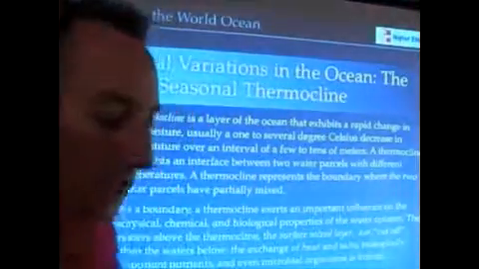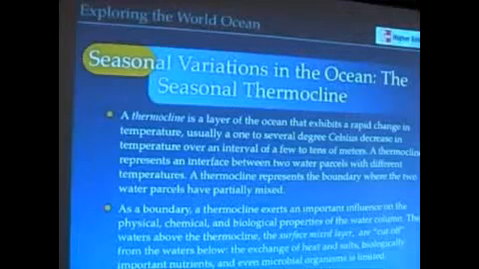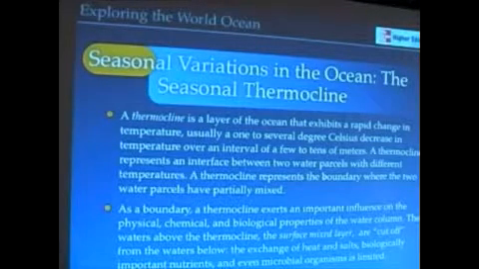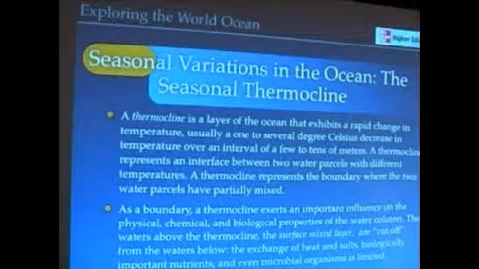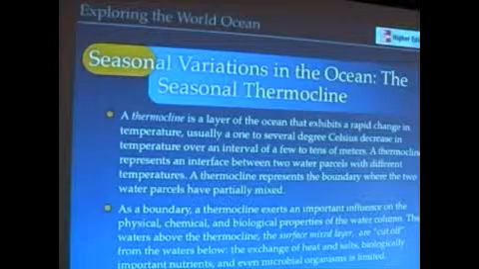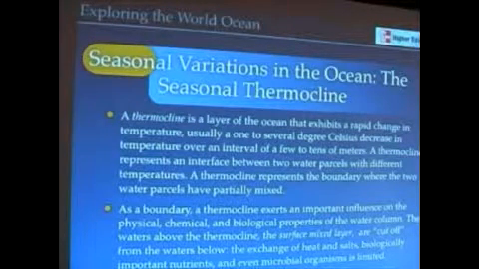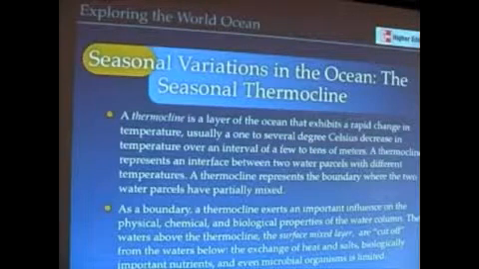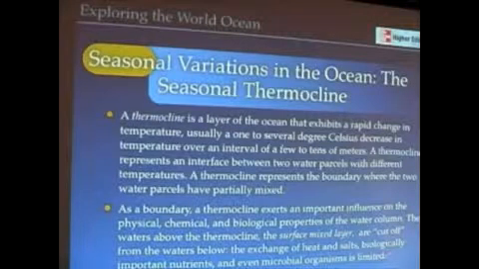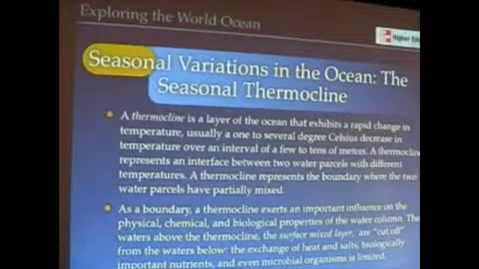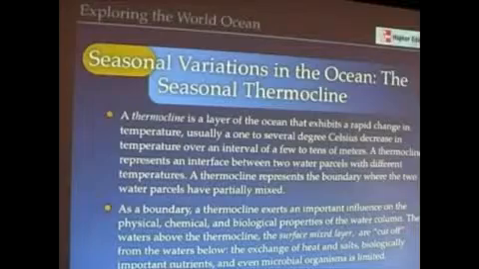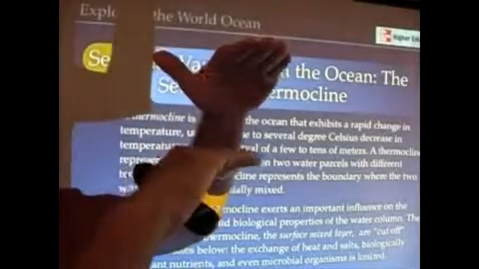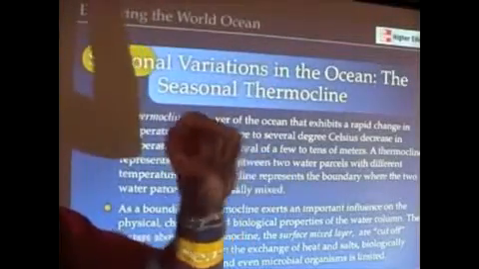So I want to introduce here two terms: the thermocline, this boundary between two layers, and the surface mixed layer, the upper part of the ocean above the thermocline. And another important aspect of this is that that surface mixed layer is cut off, not completely cut off, but exchanges between that surface layer and the water below it are very minimal.